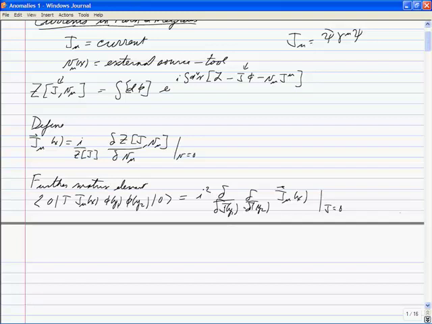You can get any of the matrix elements that you want by differentiating this guy. Everyone remember those tricks?